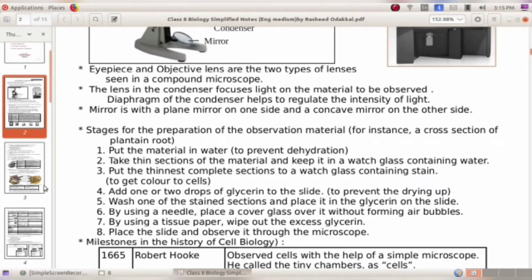Then, when we want to observe a material with the help of a microscope, we have to prepare the observation material. For that there are different steps.